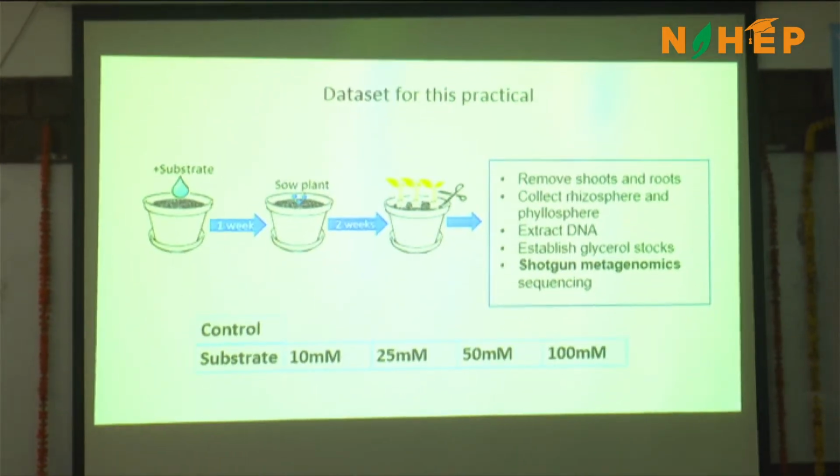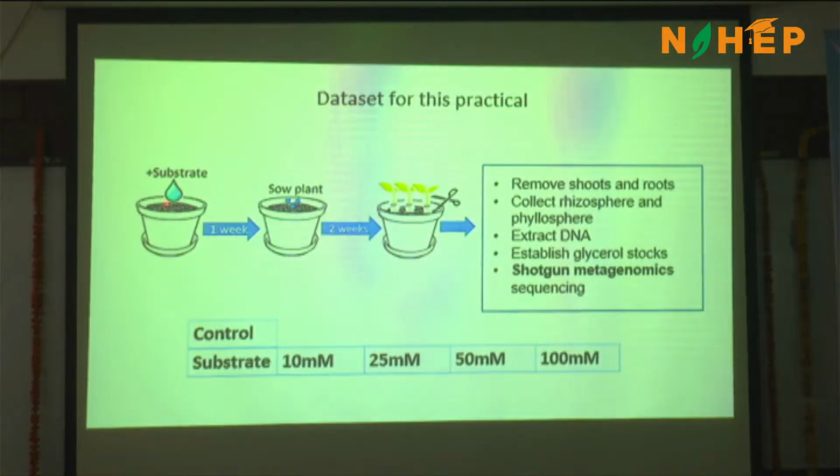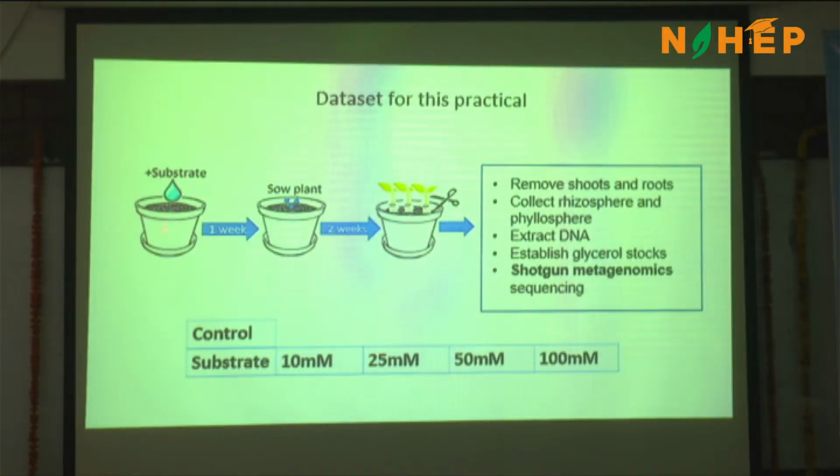And this is the data set for this practical, so my example will be based on this. We have a substrate that we add to soil, and then we sow the plant after 3 weeks. We can remove shoots and roots, collect rhizosphere and phyllosphere, extract the DNA, establish glycerol stocks, and then send everything for shotgun metagenomic sequencing. We have a control, and then for the substrate, we have 4 different concentrations.